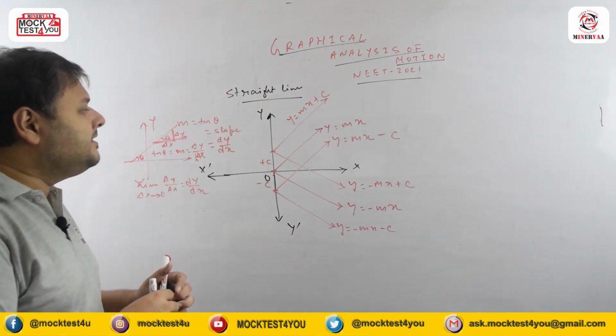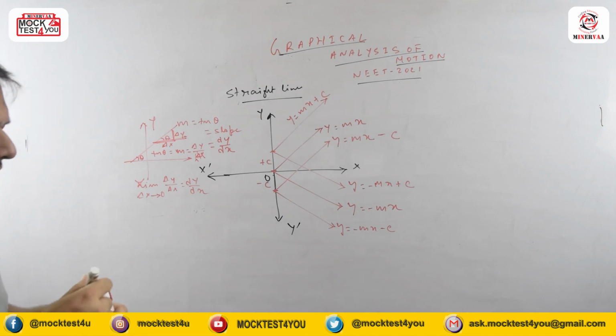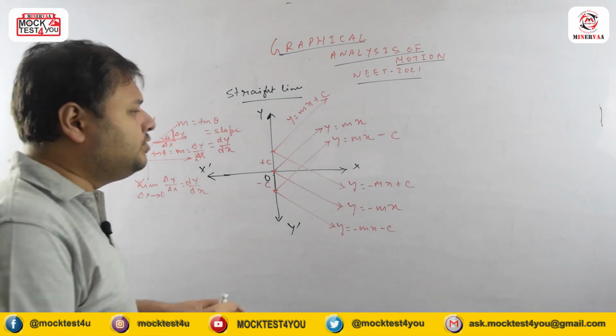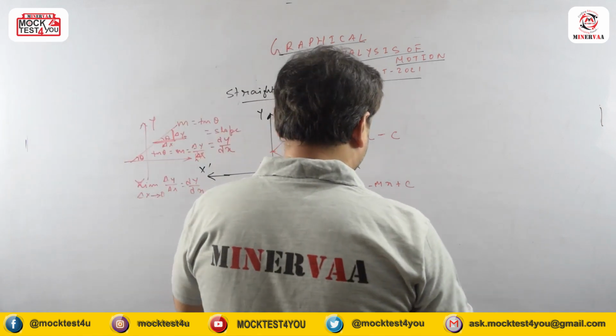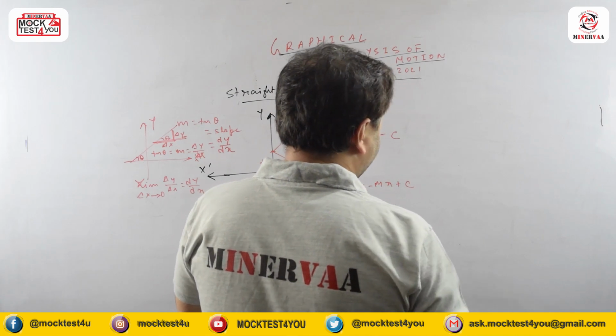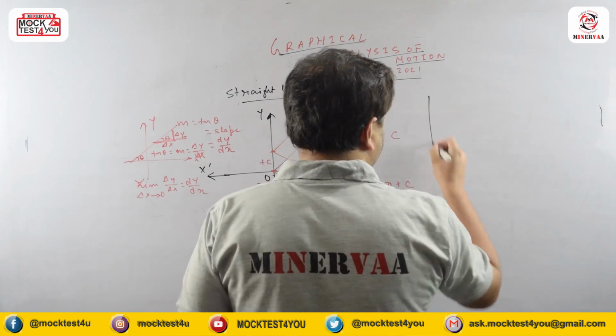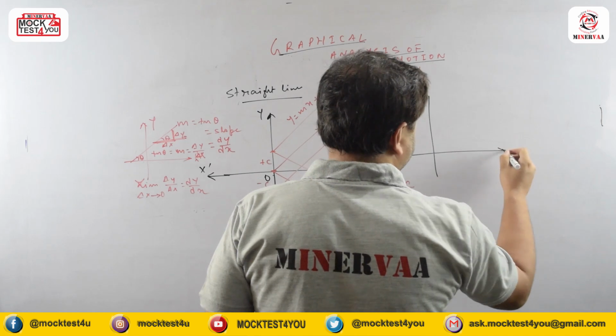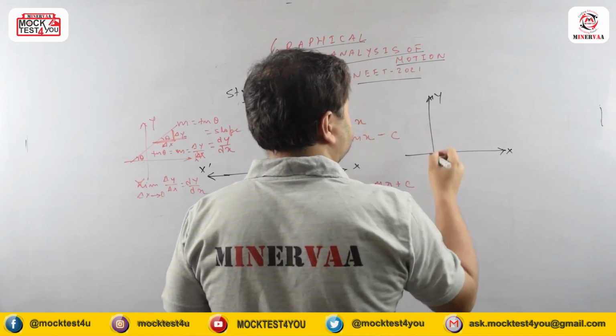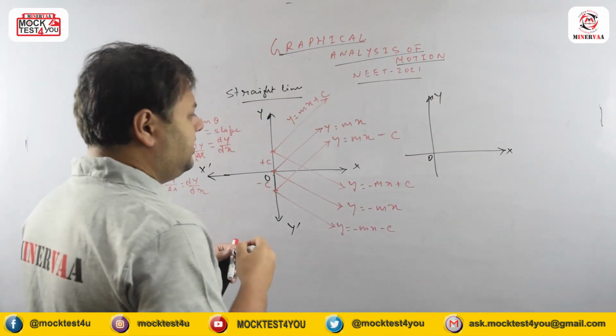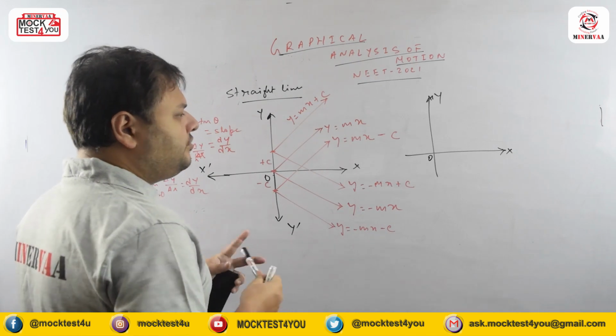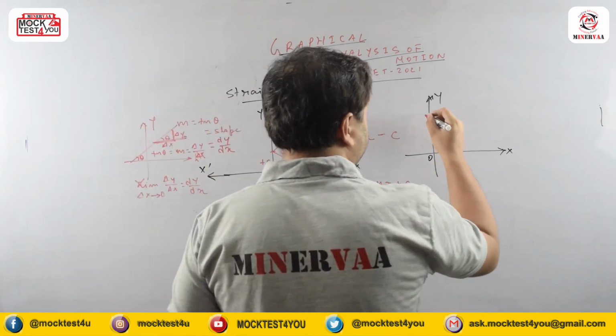Now from here we can also have some kinds of straight lines which are useful in physics. Suppose we draw this kind of representation, which is also an important format in physics. Suppose this is our x and y axis and this is the origin, and we draw a straight line like this.